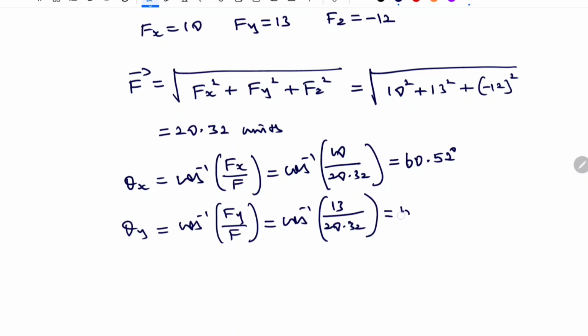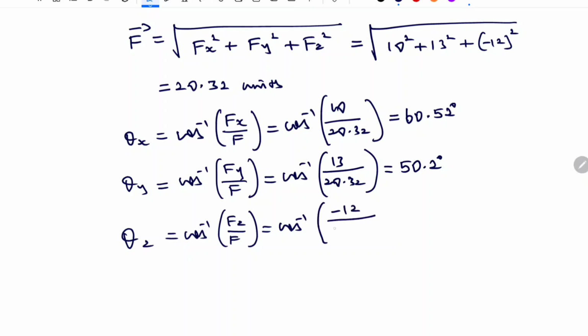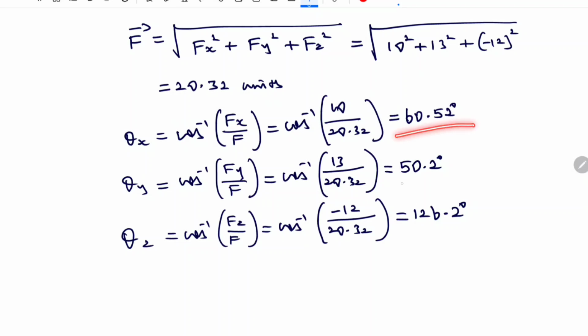The answer is 50.2 degree. Similarly, theta z is equal to cos inverse of Fz divided by F, that is cos inverse of minus 12 divided by 20.32, that is equal to 126.2 degree. Now the magnitude of the force is 20.32 and the inclinations are 60.52, 50.2 and 126.2 degree.